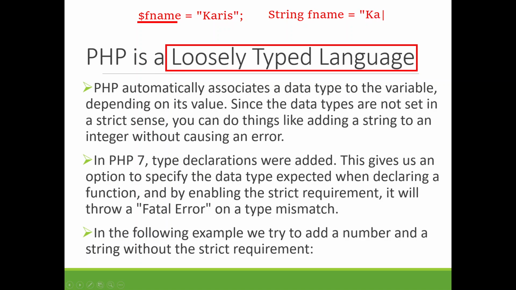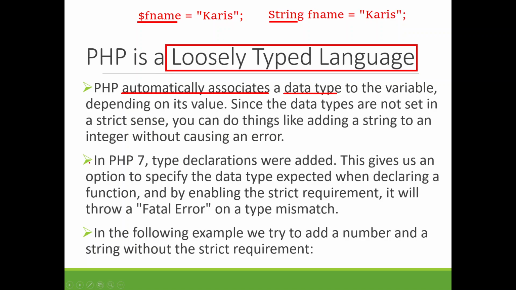Then we assign it some string like that. So C, we term it strongly typed because you have to specify the data type. Otherwise, PHP will automatically associate the variable to the data type depending on the data that is assigned to that particular variable.